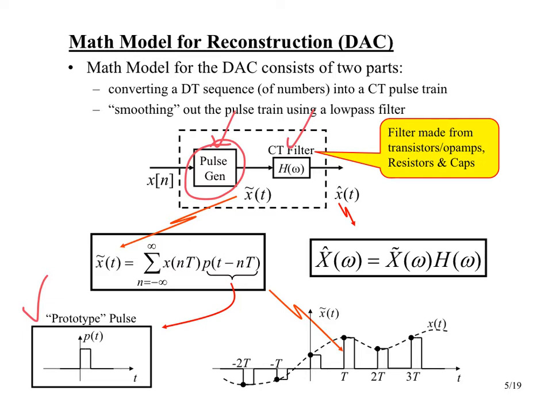So the pulse generator is basically creating time-shifted versions of that little rectangular pulse, and the height of that pulse is multiplied by the sample value. Here we're using the fact that the nth discrete-time sample is the sampled value of the continuous-time signal at time nT.